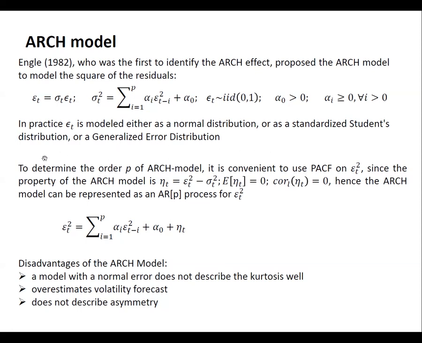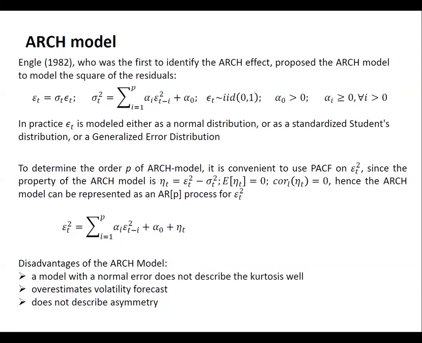There is an alternative description of these independent, identically distributed residuals. That is, it is not necessary to use the normal distribution here, although the normal distribution already describes well the effect of kurtosis and fat tails because of the theoretical property that we talked about on the last slide.